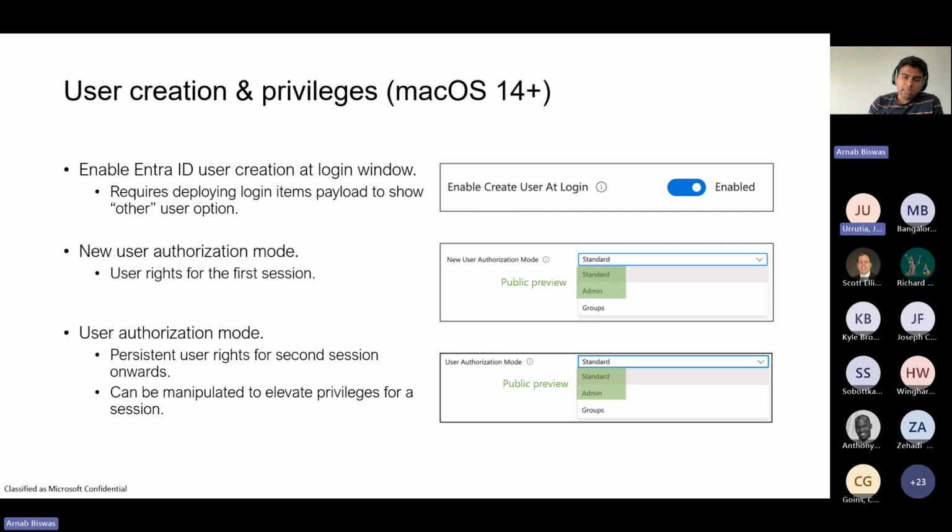The other important thing that it lets you define in the platform SSO payload is user authorization. So you have two settings. One is new user authorization and one is user authorization. The first one is for the user rights for the first session when they're logging in. Maybe they need to set up their environment, and that might require a higher level of privilege than their persistent user authorization mode when they are, day 3, logging in and just doing their job without requiring admin privileges.